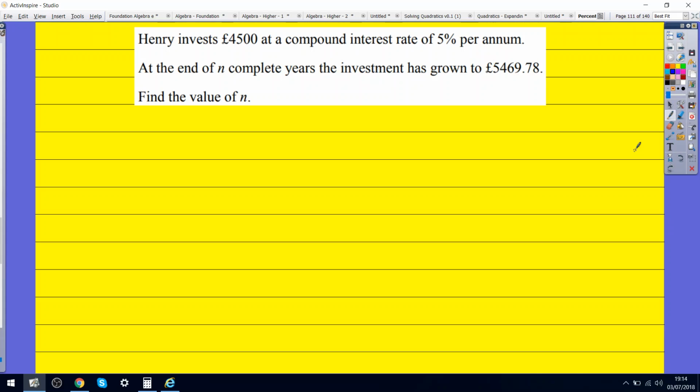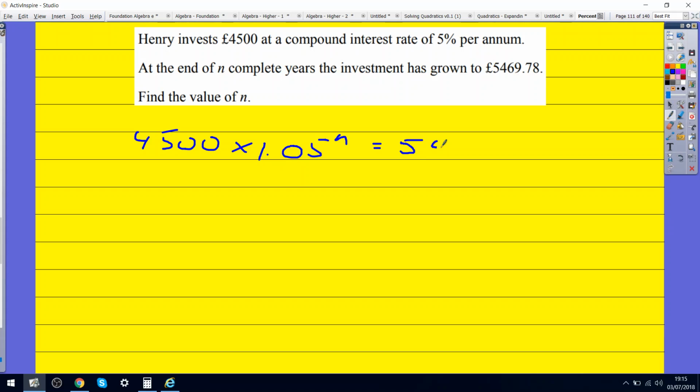So 4,500 times 1.05 to the power of n equals 5,469.78. So that means 1.05 to the power of n is just 5,469.78 over 4,500. So to get n on its own.